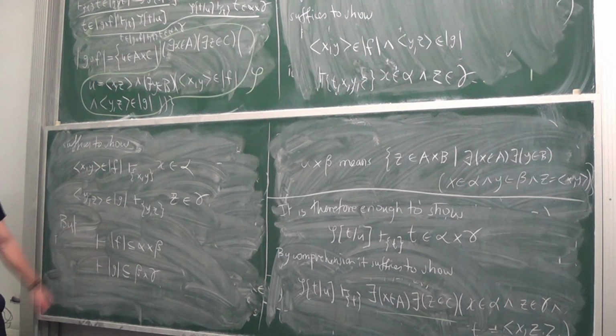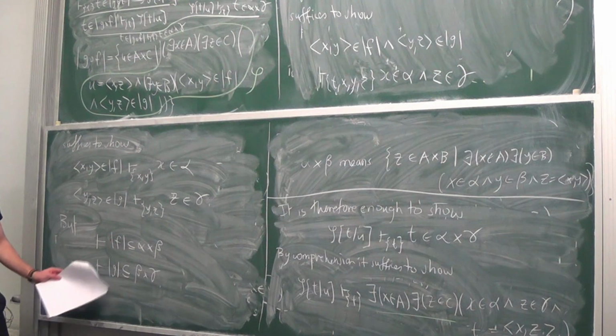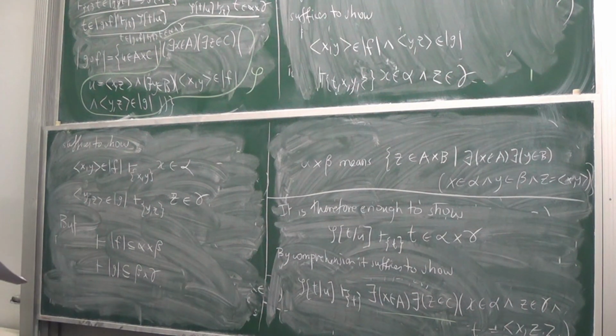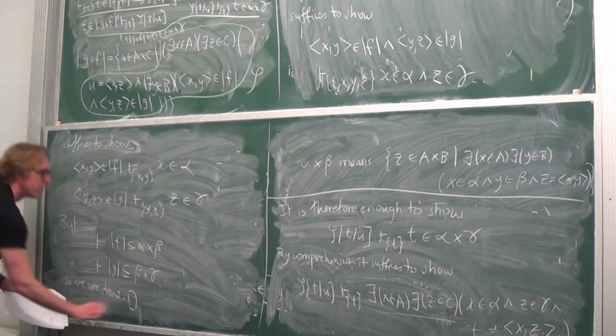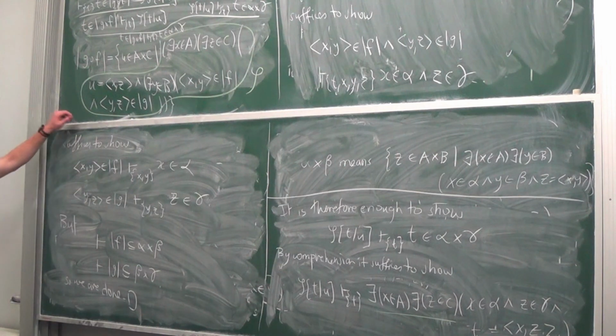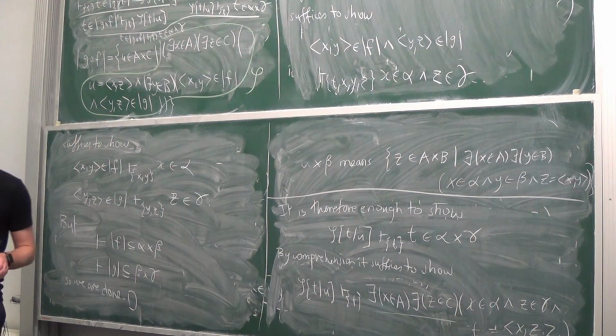And we do the same thing there. Those give us proofs of those two, and then we're done. So that proves at least that the first condition of G circle F, that it's provably contained in alpha cross gamma, is true. And then one would have to do a similar thing for the other condition.